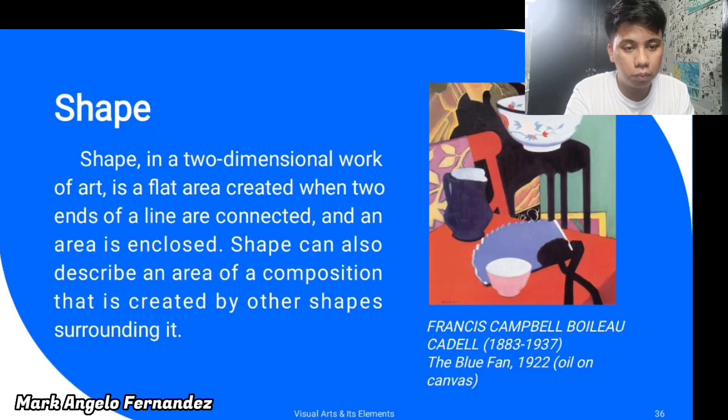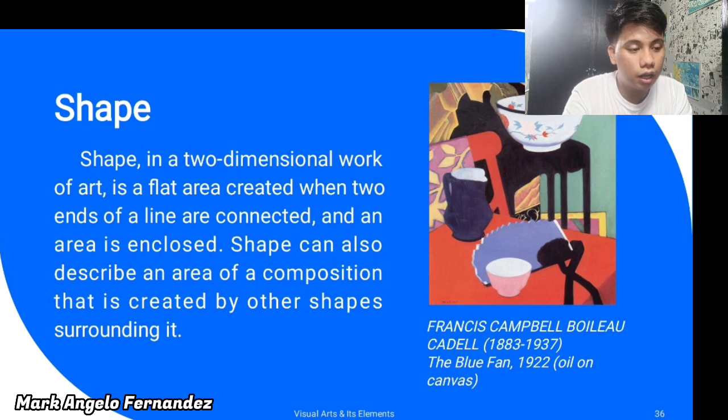Shape. Shape in a two-dimensional work of art is a flat area created when two ends of a line are connected and an area is enclosed. Shape can also describe an area of composition that is created by other shapes surrounding it. Ano nga ba pag sinabi nating two-dimensional work of art?